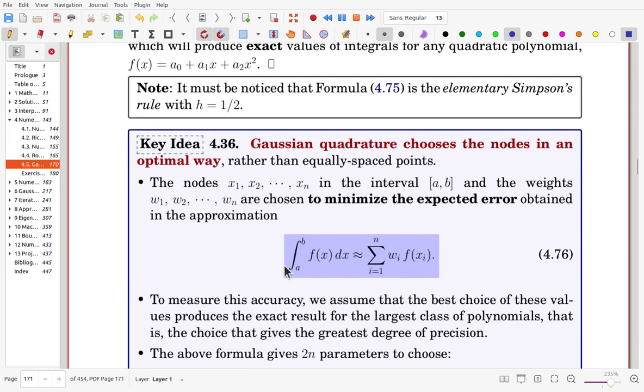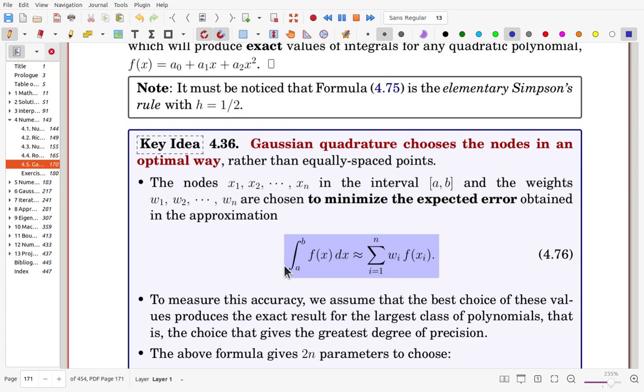Now here we start with Gaussian quadrature. The idea of Gaussian quadrature is to choose knots in an optimal way. Once the knots are chosen, then weights must be determined uniquely, and that is a standard way we can decide the weights.